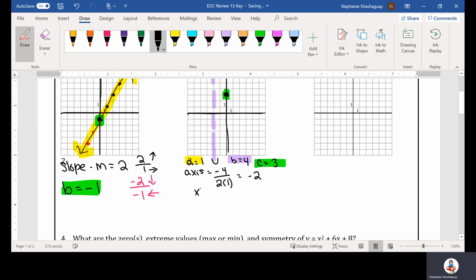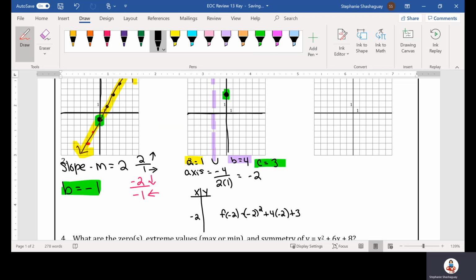Okay, so I'm going to create an x and y table, putting my vertex of negative 2 in the middle. And then to find the y value of my vertex, I'm going to find f of negative 2. And f of negative 2 is going to be equal to negative 2 squared plus 4 times negative 2 plus 3.